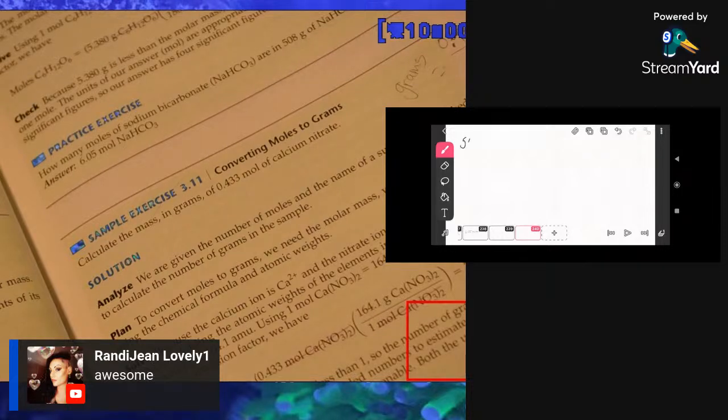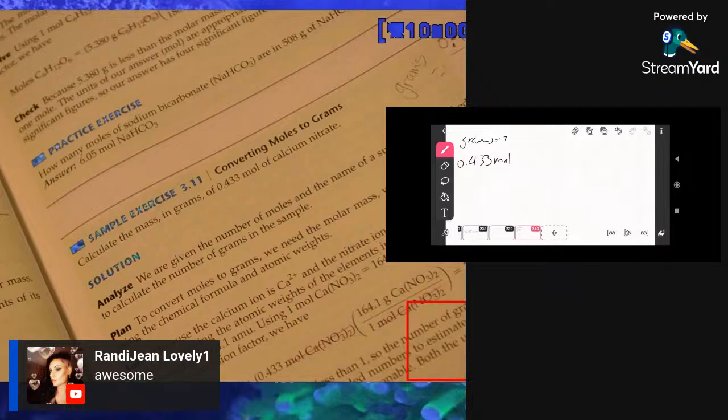So grams is what we want to find out. And then what we know is we got 0.433 moles of calcium nitrate.